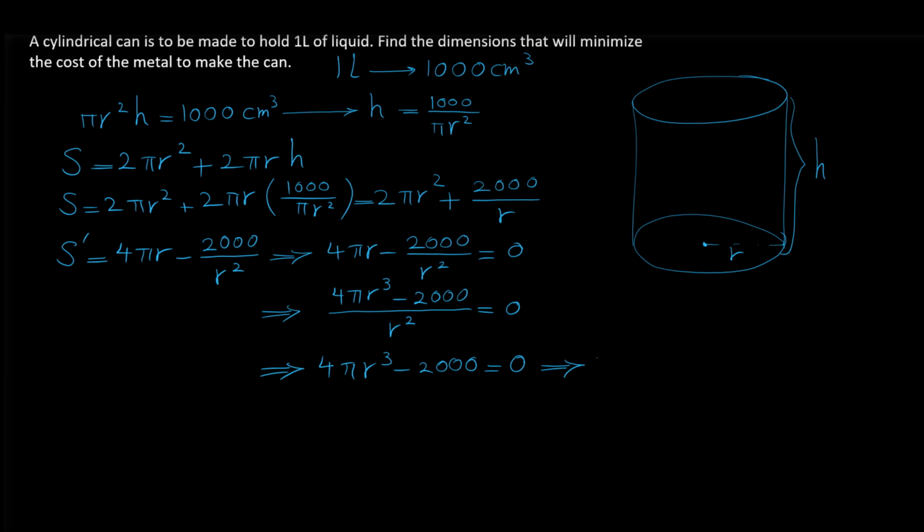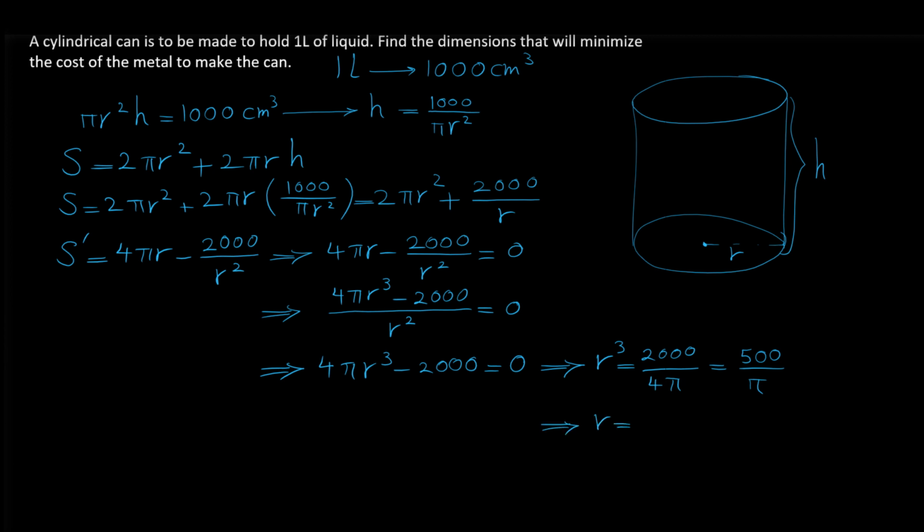From this equation, r to the 3 is 2000 over 4 pi, which if we simplify 2000 from the top with 4 from the bottom, becomes 500 over pi.